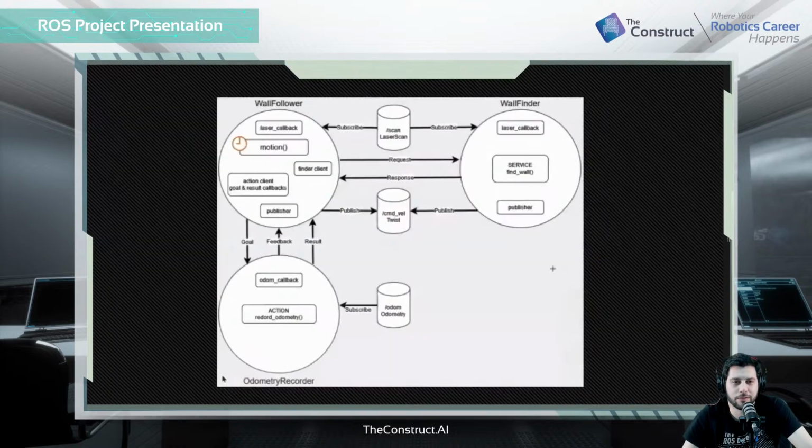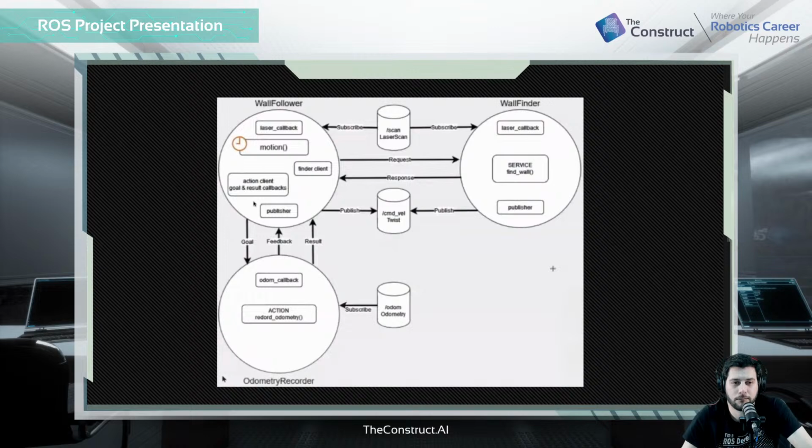So this is again the flow diagram or the algorithm. As you can see, this is the action server, or the odometry recorder code. The action server is called record odometry, which is subscribing to the odom topic. From here, it gets all the information about its position and total distance traveled, and the geometric messages that we receive at the end of the program.